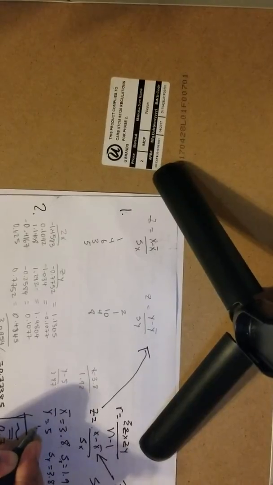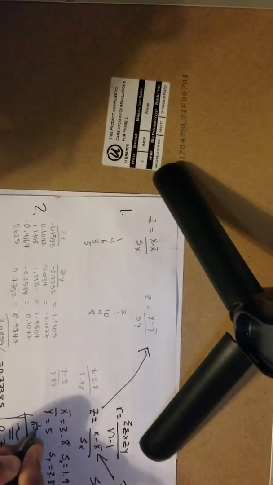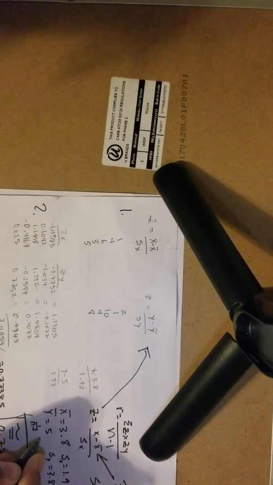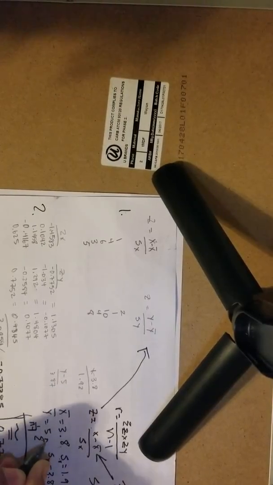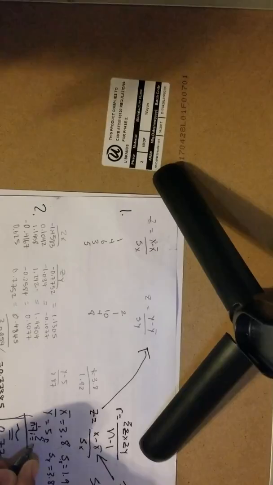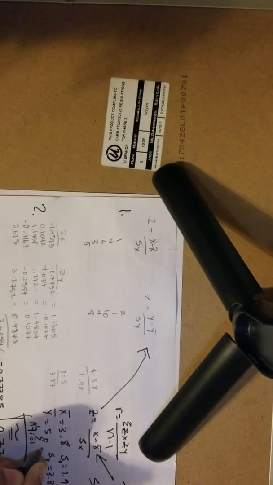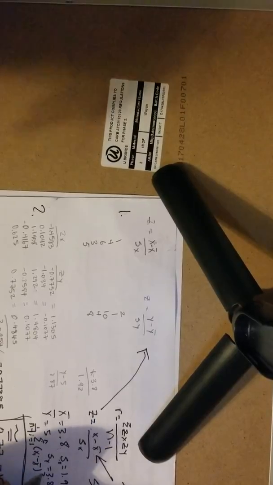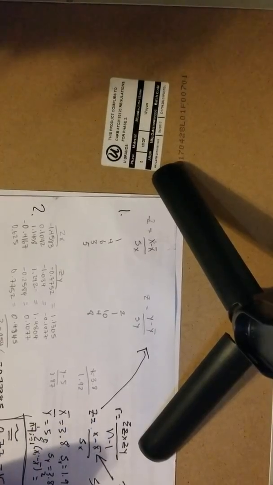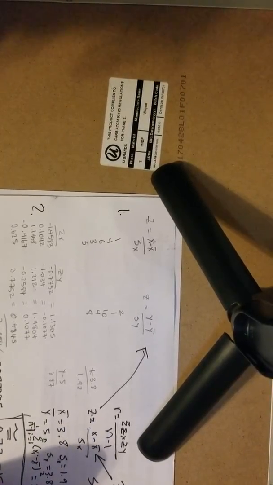So the formula for sample variance is 1 over n minus 1, I know that's messy, but sorry, sum from i equals 1 to n of x_i minus x bar, squared. And that's equal to the sample variance.